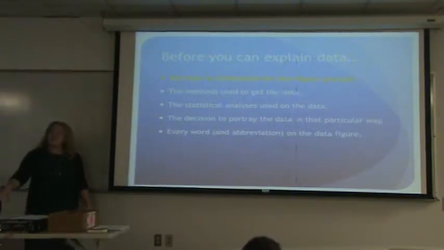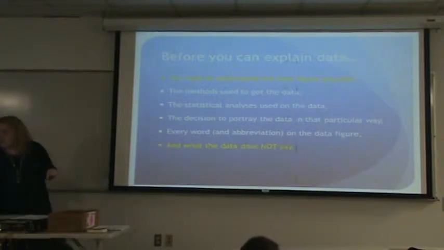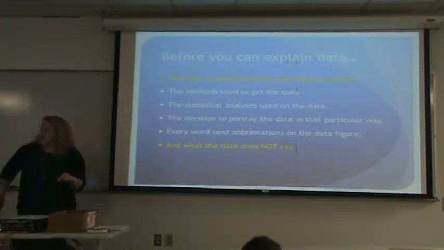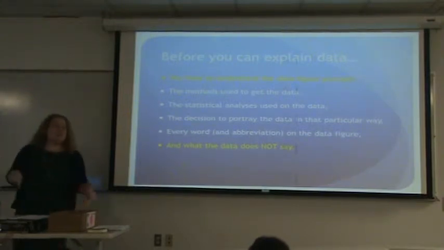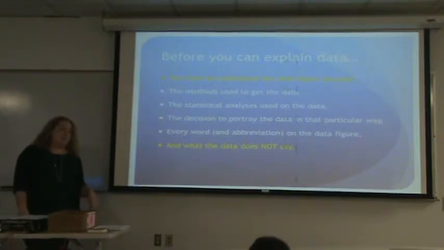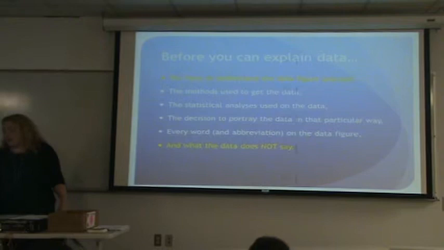You need to know what every word on the data figure means and every abbreviation. And also, this is a pet peeve of mine, is knowing what the data really say and what the data really don't say. What that data figure is saying is something very specific. What does it say and what does it actually not say?